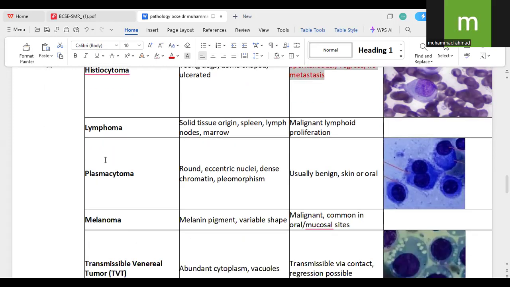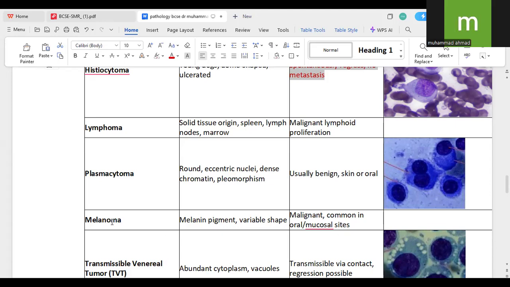Plasmacytoma, tumor or cancer of plasma cells. Round, eccentric nuclei, dense chromatin, polymorphism, usually benign, skin or oral. Okay, this is the shape. Blue, large cytoplasm, and dark blue. Eccentric nuclei, dense chromatin, dark nuclei.